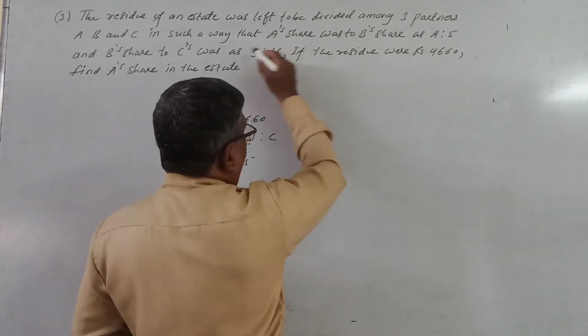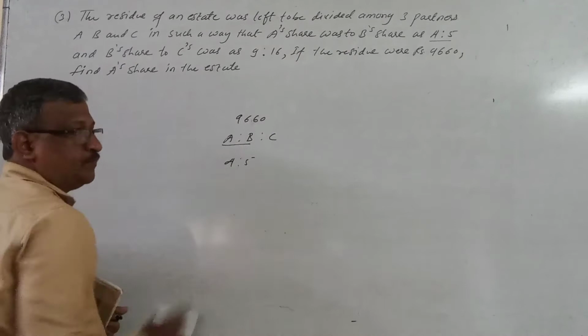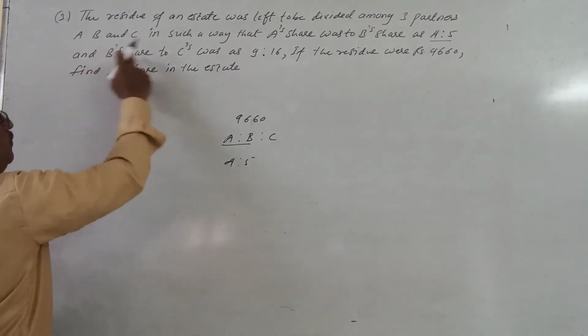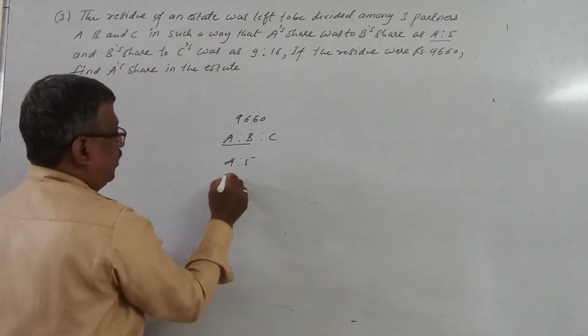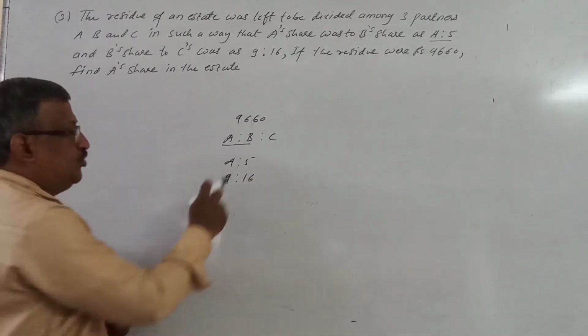The ratio of share of A to B is how much? It is 4:5. Or if you take the shares of B and C and calculate the ratio, it comes to what? It is 9:16. So these are the ratios of shares of whom?